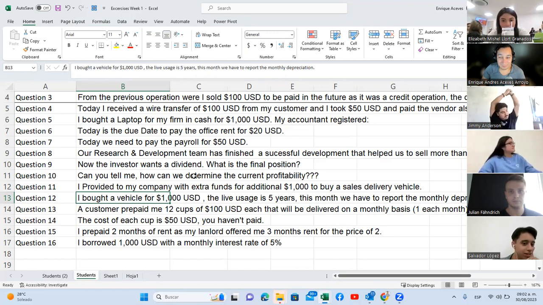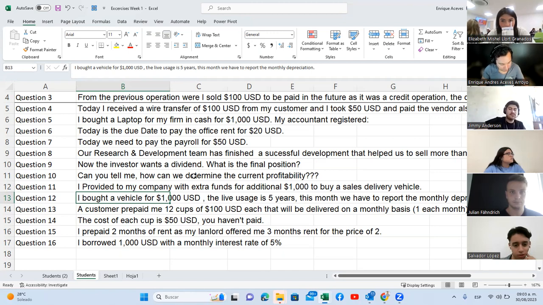What do you ask? To tell me the accounting register for question 12. For number 12, there's the vehicle, an asset, debit or credit? Debit. Bank, credit. Okay, and what are we missing there?